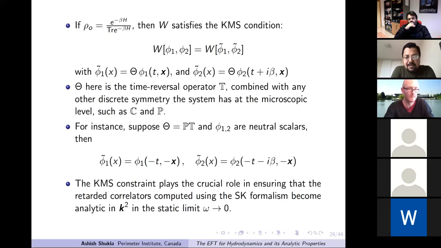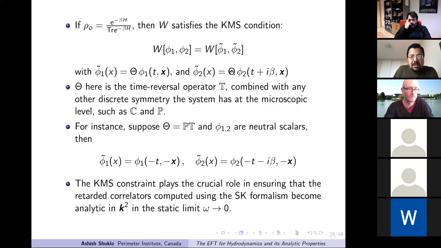Once again, deriving this is pretty straightforward. What it amounts to is saying that W of phi 1, phi 2 should be equal to W of phi 1 tilde and phi 2 tilde, where phi 1 tilde is some operator theta acting on phi 1 and phi 2 tilde is the same operator theta acting on phi 2, where T has been translated along the thermal circle by an amount beta, so T to T plus i beta.